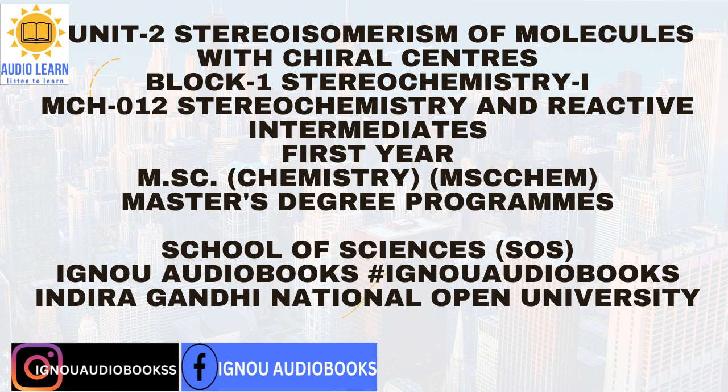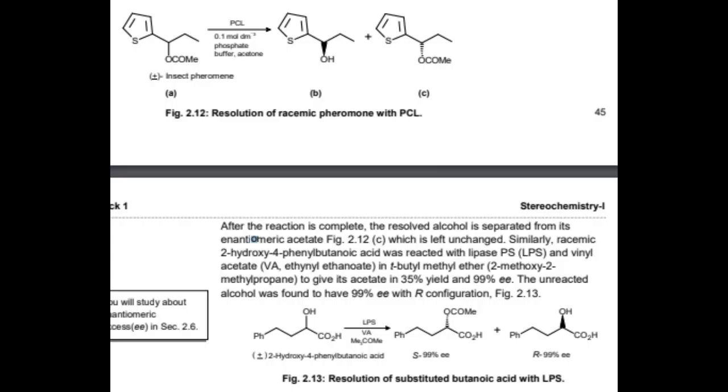Resolution with enzymes. All enzymes are catalysts, chiral and stereoselective in their natural aqueous environment. Some enzymes are highly selective whereas others are broadly receptive. For example, formation of one enantiomer of a chiral insect pheromone was achieved by enantioselective hydrolysis of its racemic mixture, Fig. 2.12a, by Pseudomonas cepacia lipase, PCL, the enzyme of choice, to produce alcohol, Figure 2.12b.